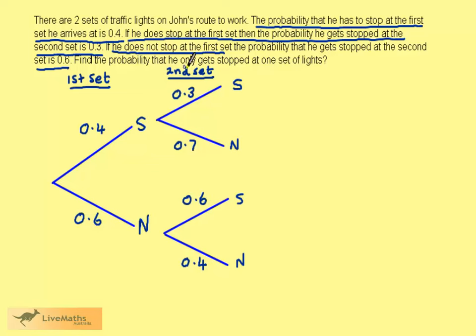We want the probability that he only gets stopped at one set of lights. So he could stop at the first set and not at the second set, or he could not stop at the first set and stop at the second set. The probabilities here are going to be 0.4 times 0.7.